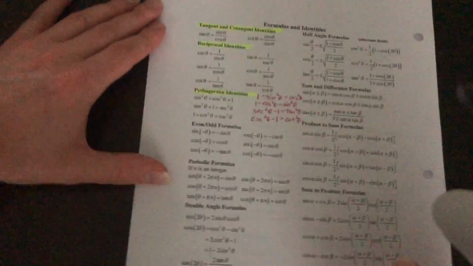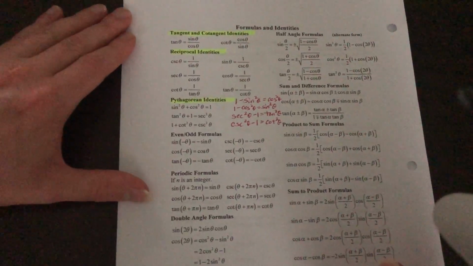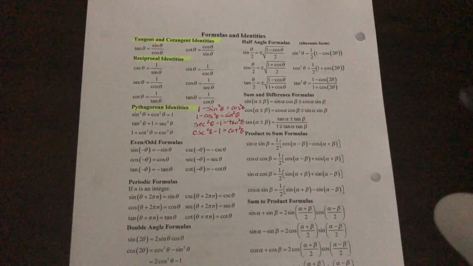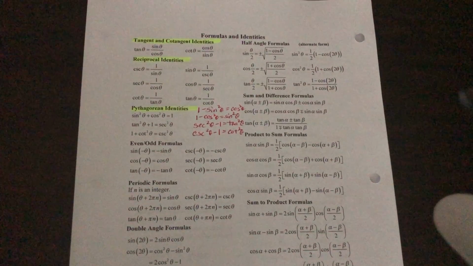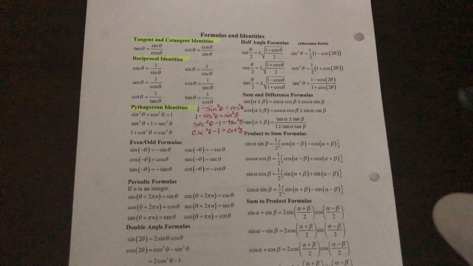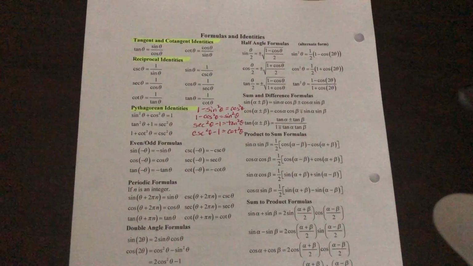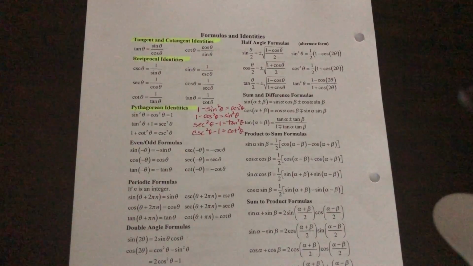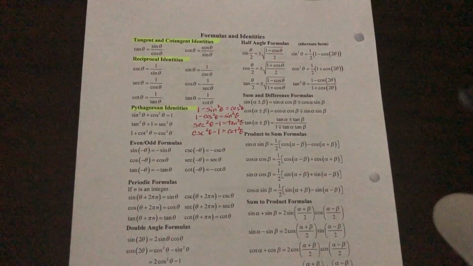Now, you are not expected to memorize all of these as we go through them. You will have this, but pretty much you will memorize them. Once we get to calculus, we're not going to use this that often. You use it a little more in Cal 2 with trig integrals, but not a ton.